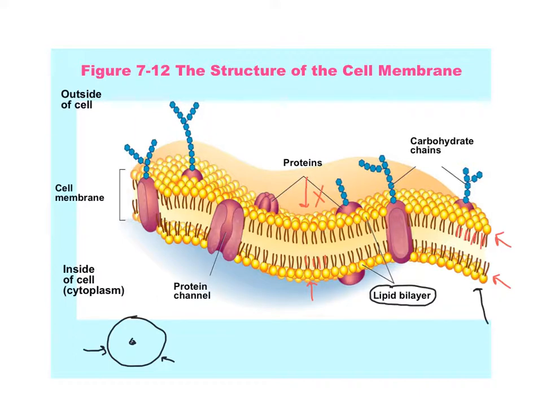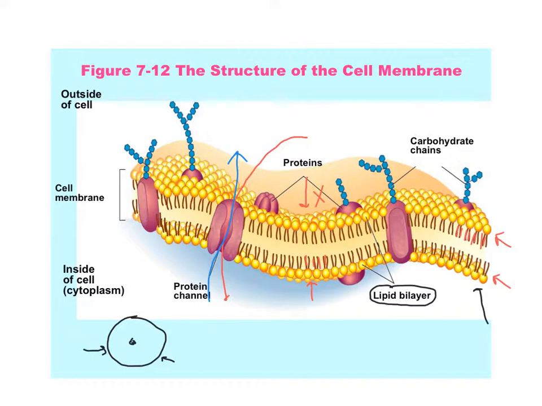Things like water, glucose, they cannot get through there because the lipids block them. Plus, they're really close together, so large molecules like glucose can't get through them. So those things need a door. They need a protein channel in order to go in and to go out. So that's a protein channel right there that acts like a door that allows things to come in and out of the cell.